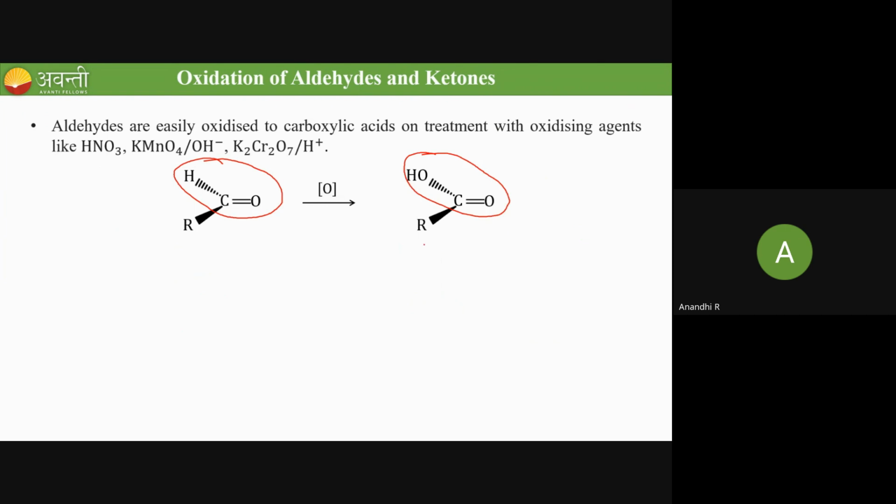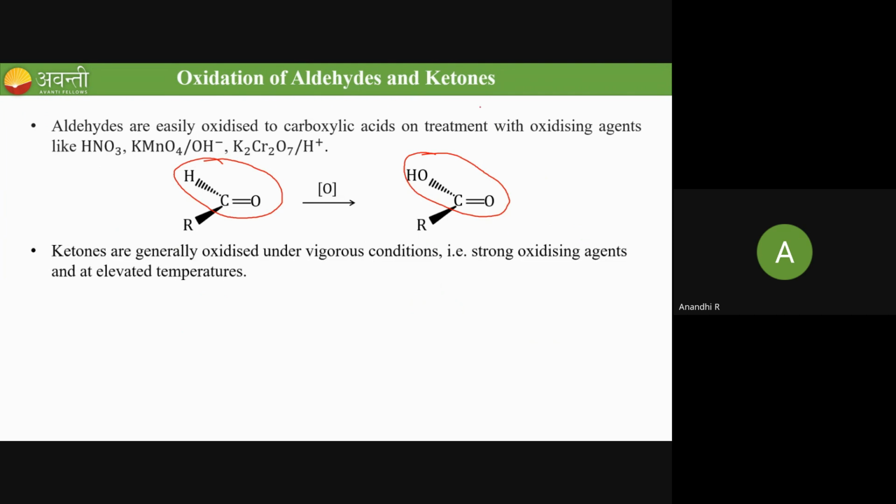Ketones are generally oxidized under vigorous conditions. That is, only strong oxidizing agents can oxidize the ketones, and also at elevated temperature. At very high temperature and on using very strong oxidizing agents, we arrive at the carboxylic acids from ketones. You can see this is an example for a ketone.